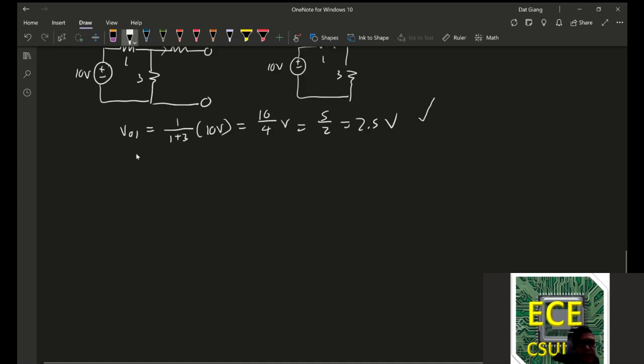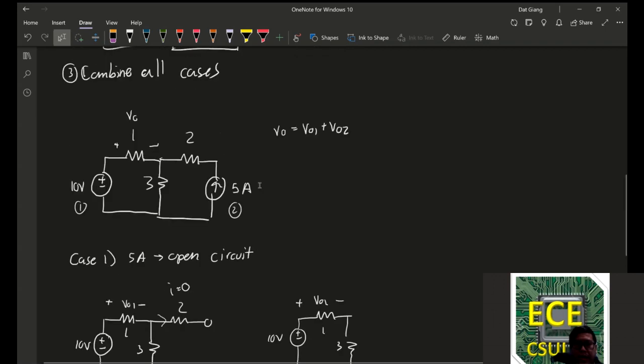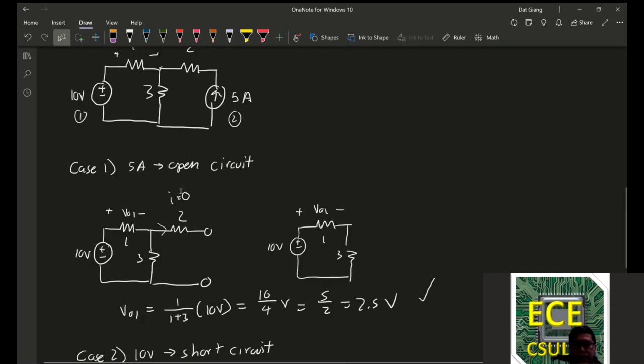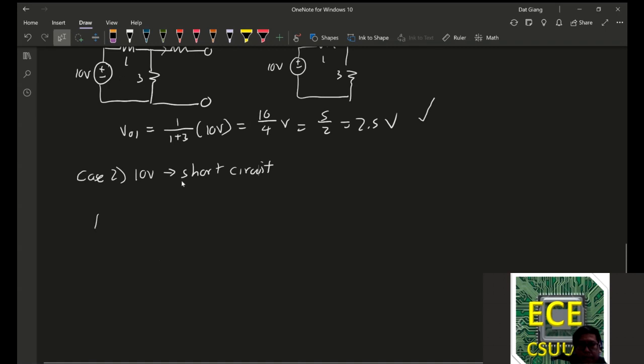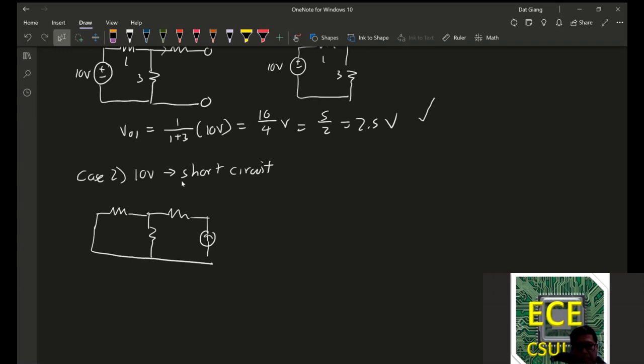Now let's take a look at the second test case. So I'm going to turn the 10 volts into a short circuit, because now we're looking at case 2, which is the current source. Okay, so we have now something like so. 1, 2, and 3.